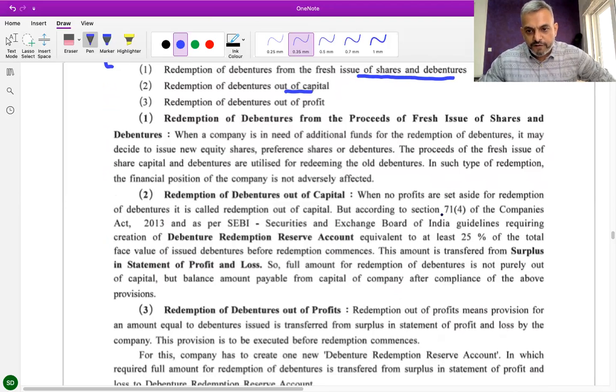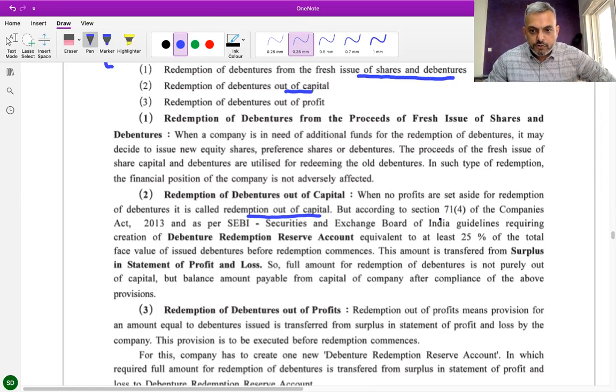When no profits are set aside for redemption of debentures, it is called redemption out of capital. We are not having any profit kept aside. We are using our current funds. That is why it is out of capital. Capital means the amount in the business brought in by the owners, the shareholders.